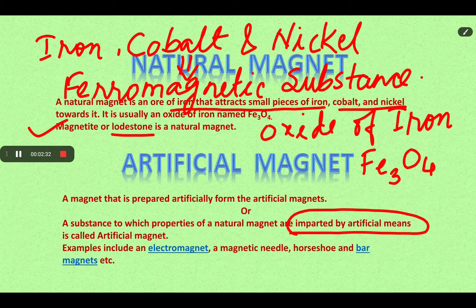Some examples of artificial magnets are like electromagnet, a magnetic needle, horseshoe magnet or a bar magnet. These are some examples of artificial magnet to which the properties of natural magnets are imparted.